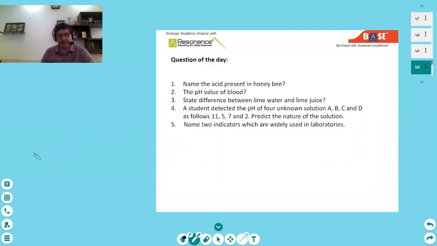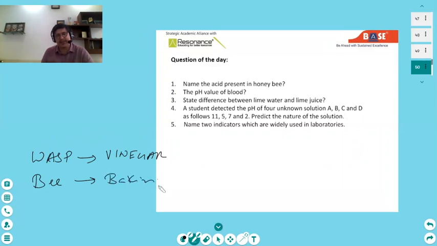Before leaving for the day, all of us at some point of time, a wasp or honeybee would have stung us or attacked us in our village area, basically. So when a wasp attacks us, it is suggested to apply vinegar. Just for knowledge, I'm telling. And when a bee attacks us, it is suggested to treat with baking soda.